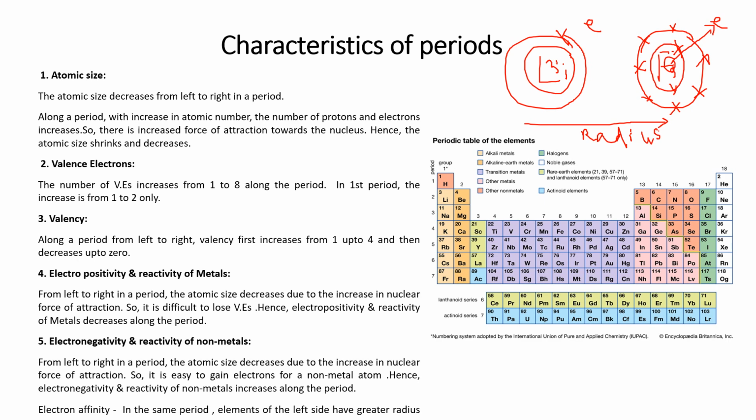But lithium has 3 protons and its atomic radius is more than fluorine's. So its attraction for an electron will be less than fluorine's. Fluorine will attract an electron easily. That's why in a period, going from left to right, the electronegativity and reactivity of non-metals will increase.